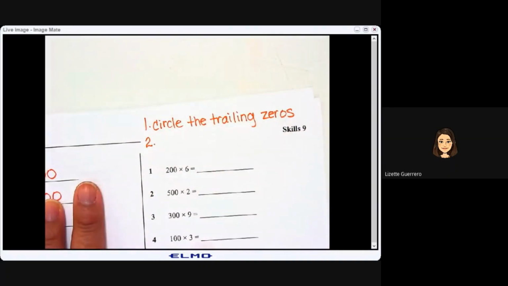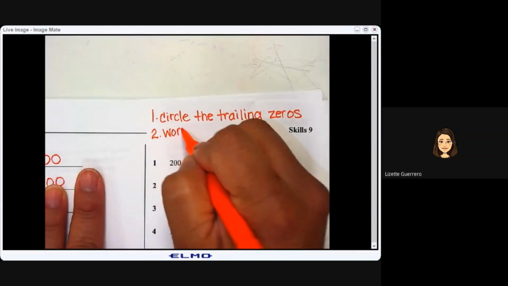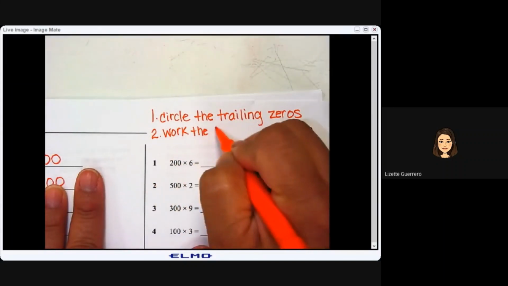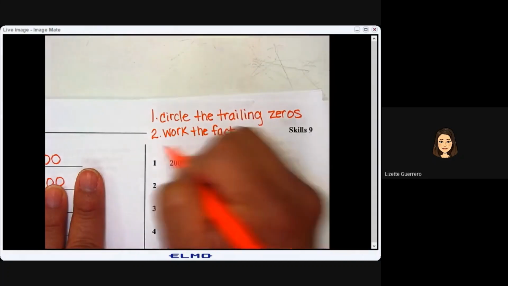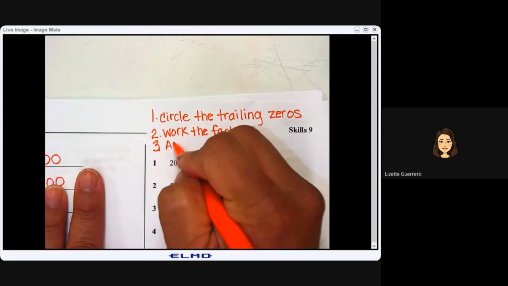Then 2, you're going to work the fact. And then 3, attach the trailing zeros.